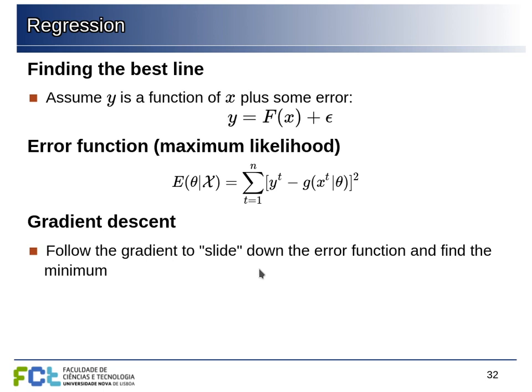So we can do this by gradient descent. We can compute the derivatives with respect to the different parameters and then slide down this error function until we find the set of parameters that minimizes the error.